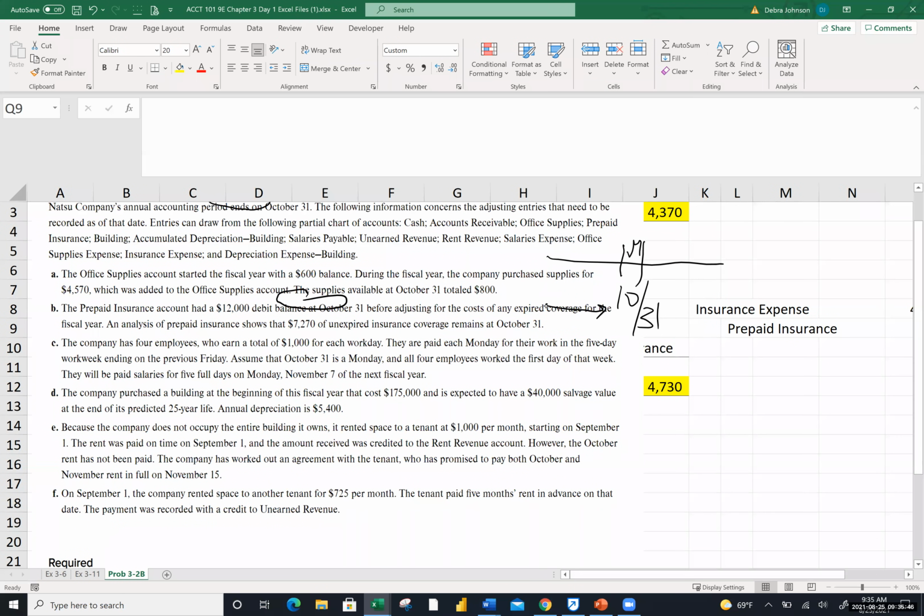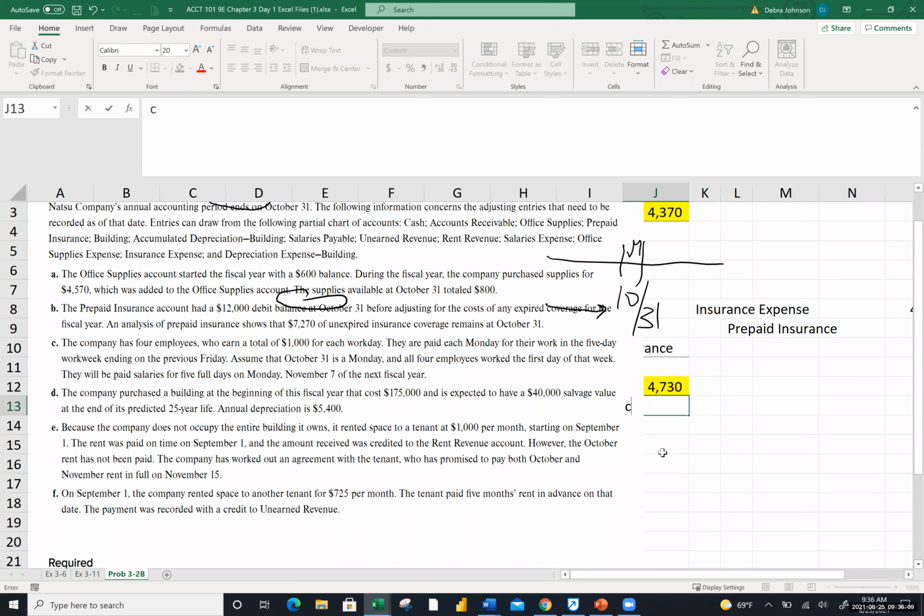Now he could have said that it was on a Wednesday, then you'd have to do 3 days worth. So you've got to watch the wording with this one. There's 1 day worth of work, and they mentioned that all 4 of those employees earn $1,000 a day. I think he could have been a little bit clearer on the wording for that one.